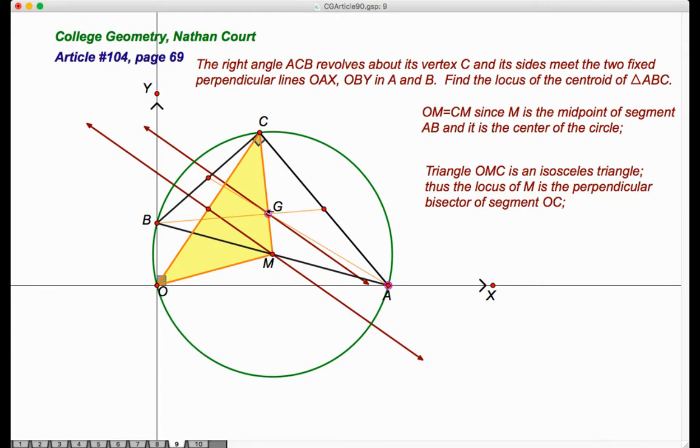But wait a minute. G is always a trisector of CM. Centroid G is always a trisector of median CM.